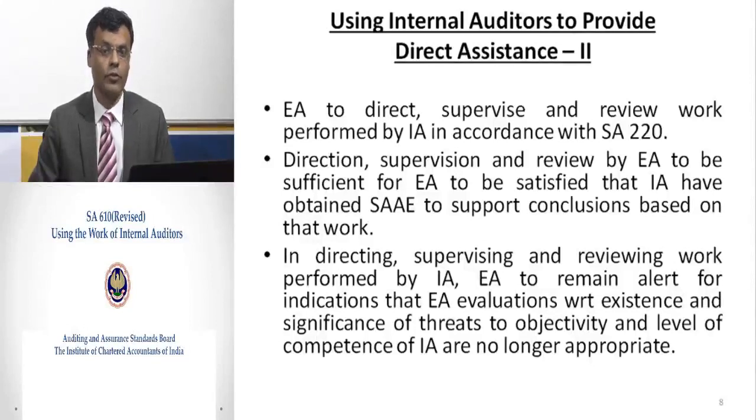In doing so, the external auditor should remain alert to indications that the evaluations with respect to the existence and significance of threats to objectivity and the competence may no longer be appropriate.